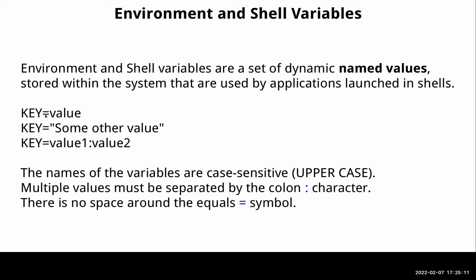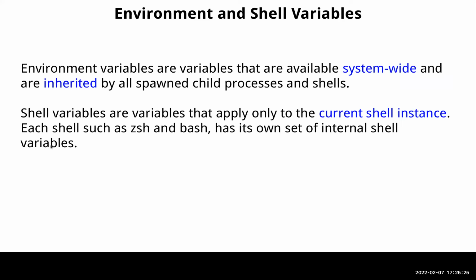If you want to assign multiple values to a variable, you use a colon to separate them like this. There is no space around the equals symbol. Environment variables can be set system-wide. They can be inherited by new processes or shells.